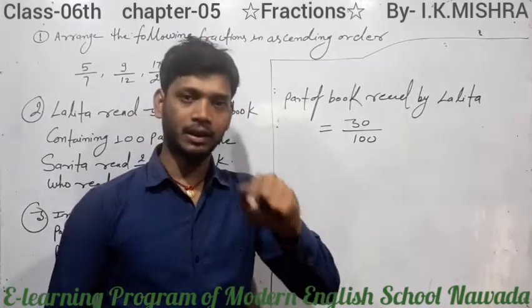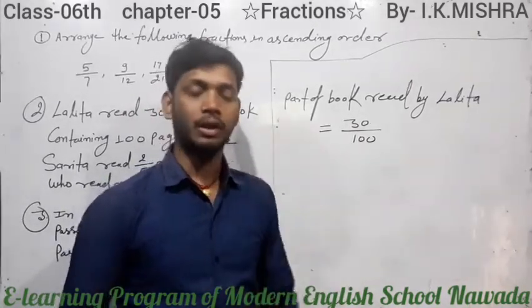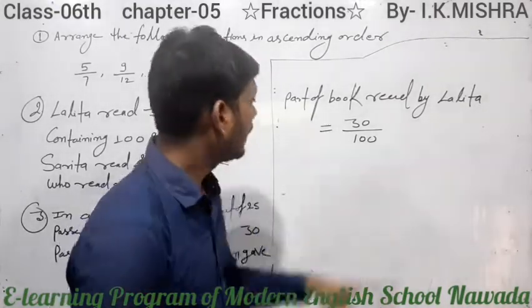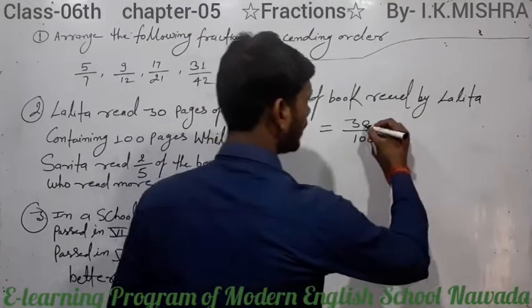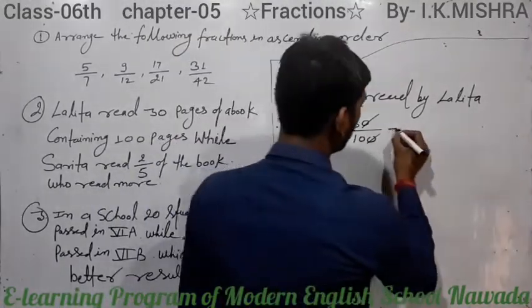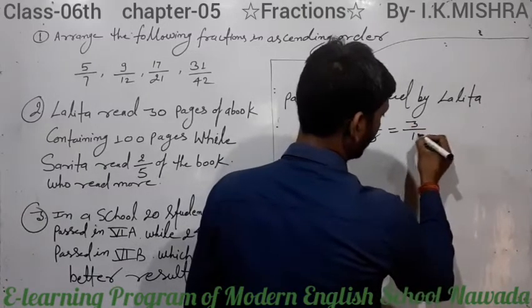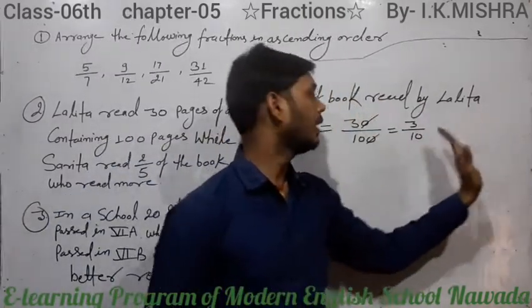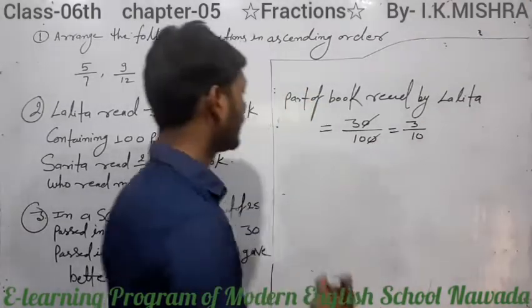Click in the description box and watch that video clearly. Here, divide by 10, 10 we cancel, that means it will be 3 by 10. Part of book read by Lalita is equal to 3 by 10.